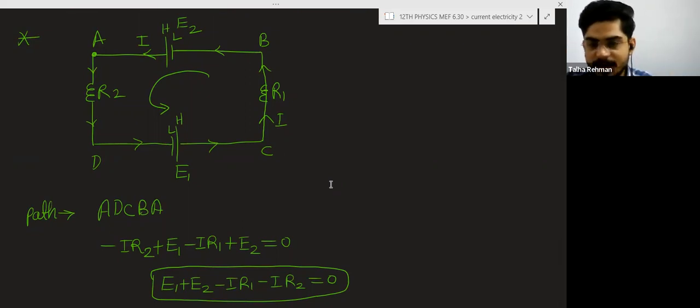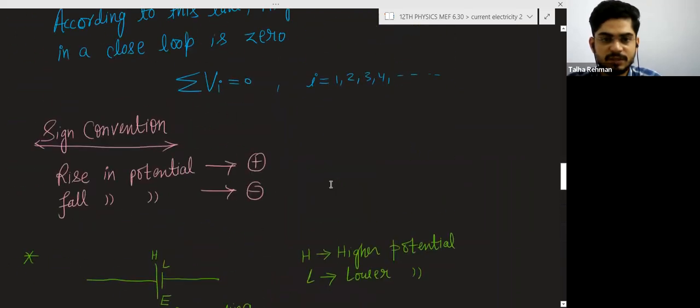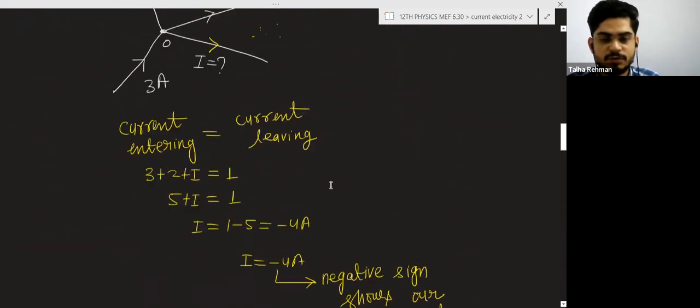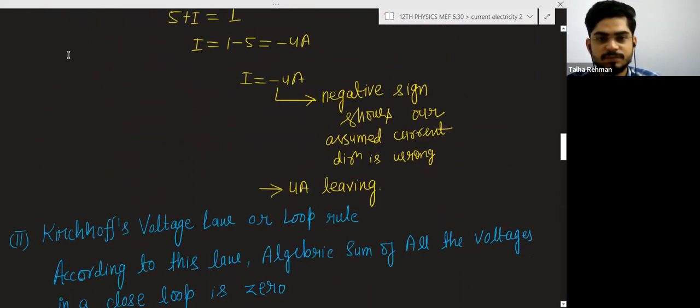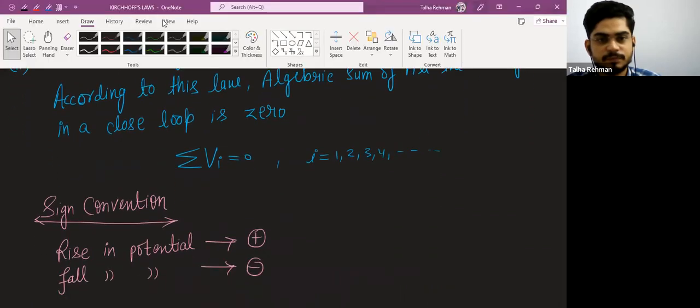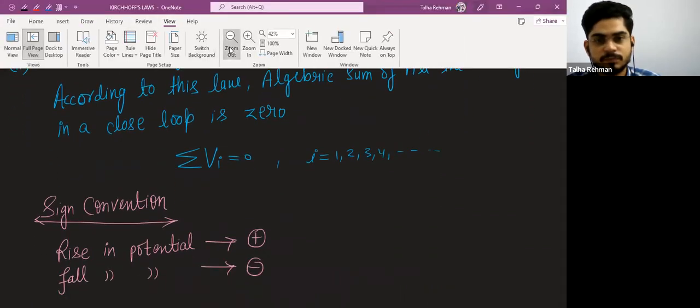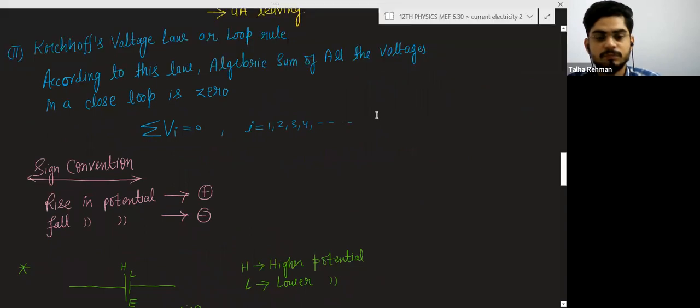If you have a cell, then you have to check whether you are moving from higher to lower or lower to higher potential. Okay, just note it down, all of the things. Sign convention is very important here, and in the next class we will solve a question.